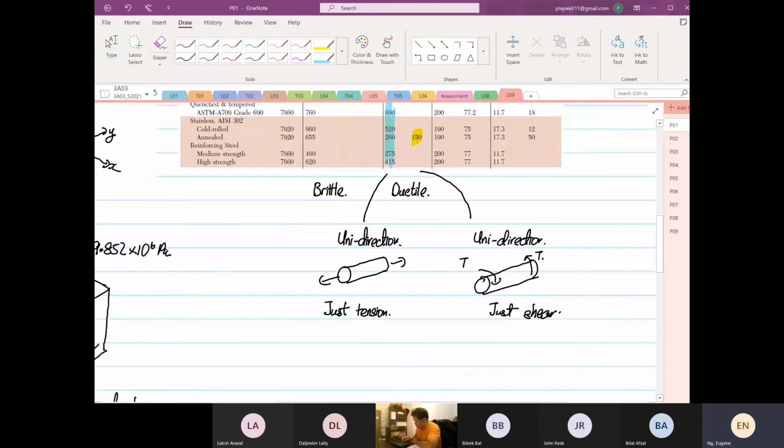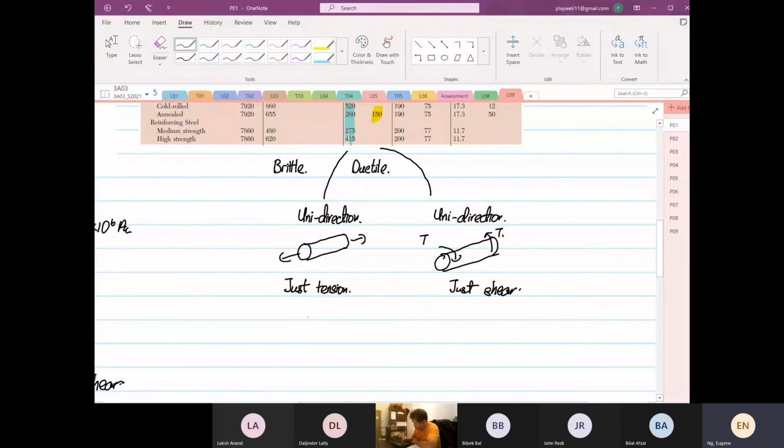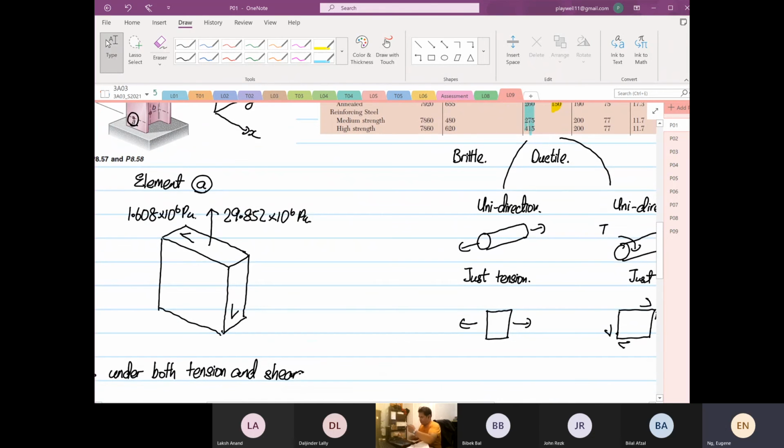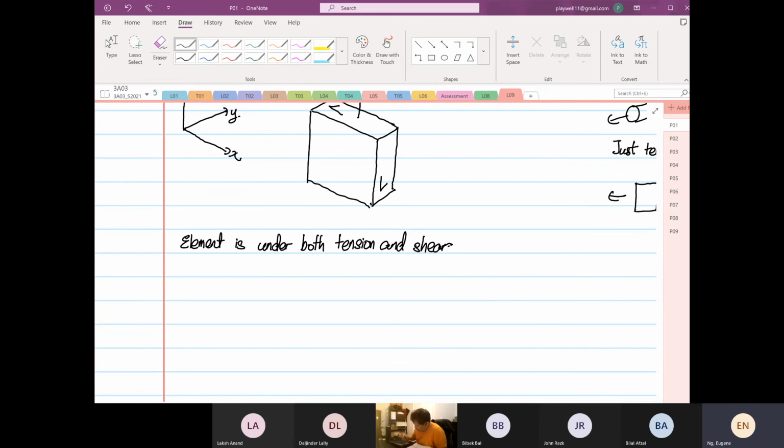Right, it's under tension and shear. Whereas when they did all these tests, when we draw their element, it is either under tension or, in the shear test, under shear only, right? Whereas we have both.